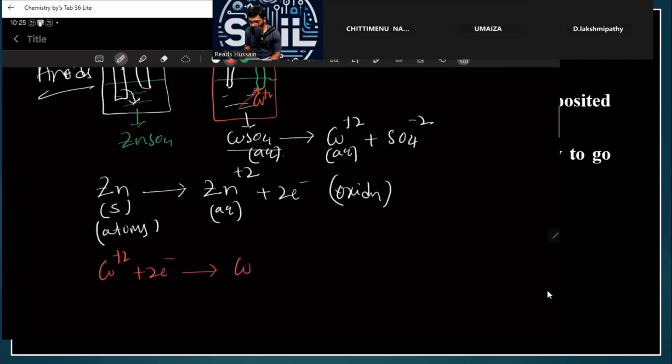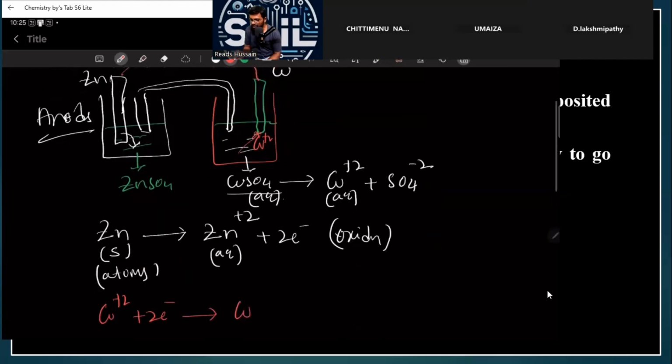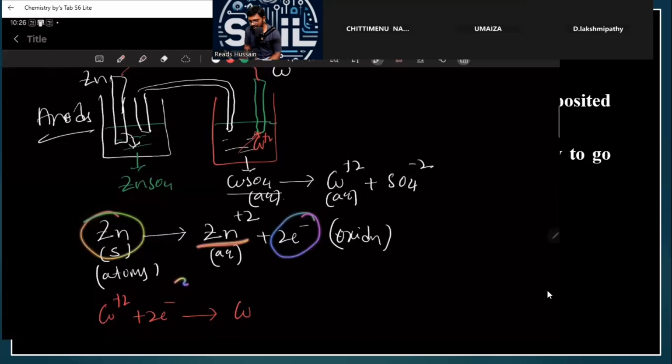You may get one small doubt. Sir, from where are these 2 electrons coming? Actually, here zinc is losing 2 electrons. Zinc metal atoms lose 2 electrons and are converted to Zn+2 ions. These Zn+2 ions enter into the solution, so this solution is getting more Zn+2 ions. What about these 2 electrons?